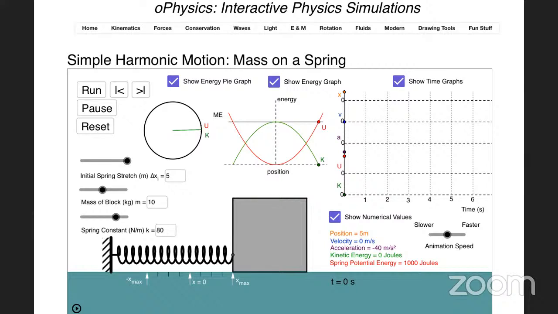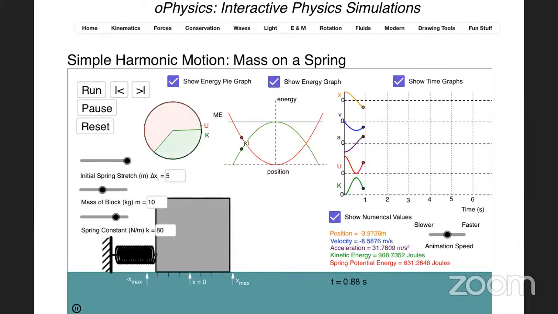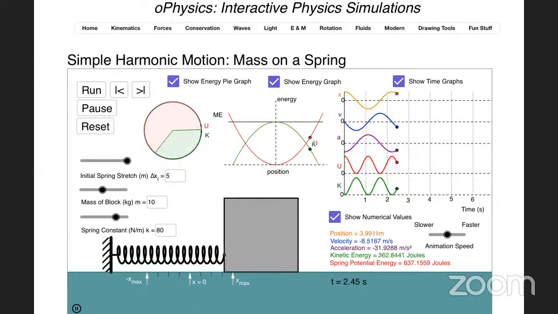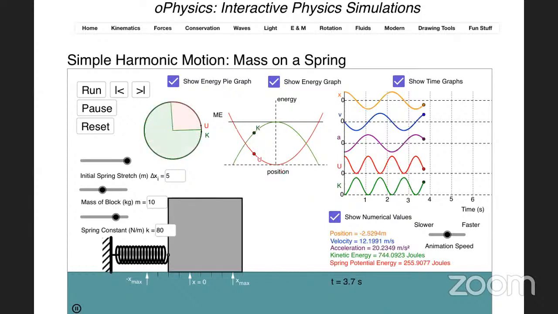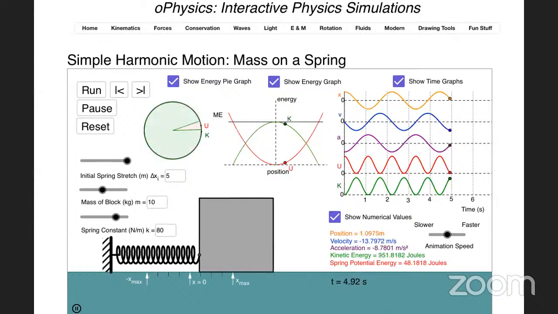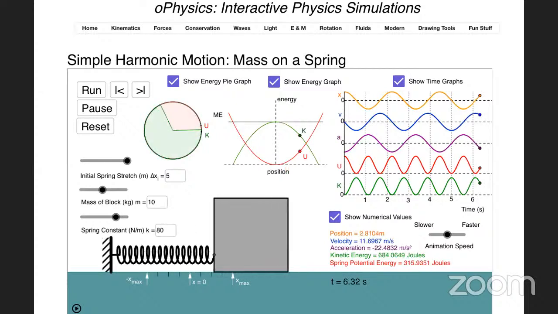For those who are online, you could go and do the same thing, so you can actually see how it works. What's the energy graph there?